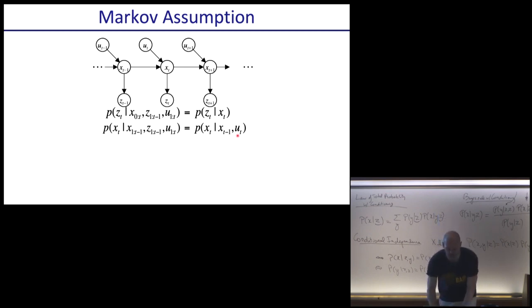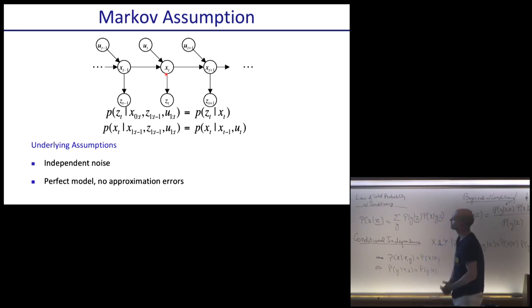So they say that the action taken, ut, is the one you take that will land you in xt. Normally you would call that ut minus 1. I think that's what almost everybody calls it. But in the book they call it ut. It's the action that you take right before you land in state xt. And that's also reflected in the graph over there. ut is the action you take right before you end up in state xt.